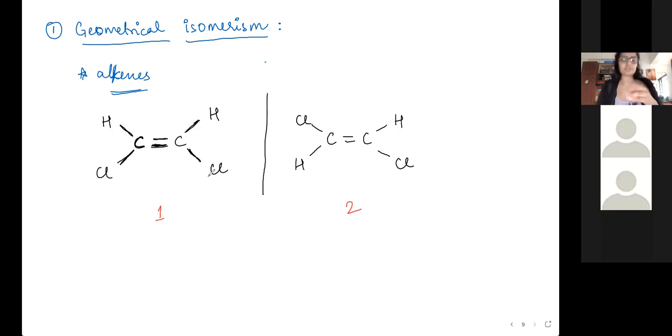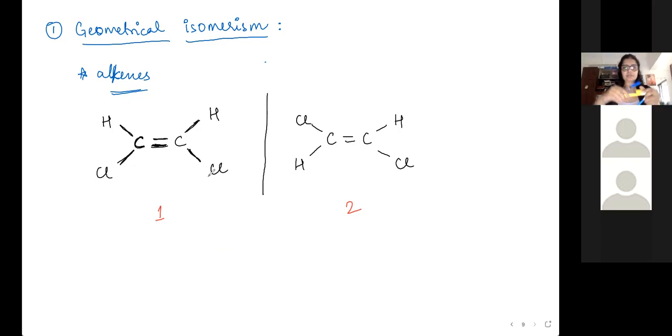Wait, let me change this. All right. So I've got blue and yellow pens. Let's say yellow is hydrogen and blue is chlorine.